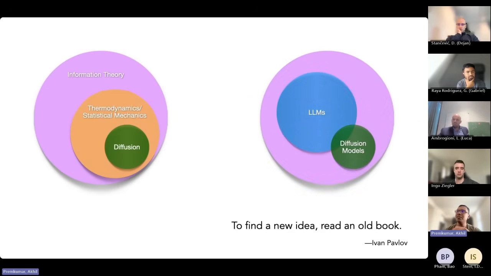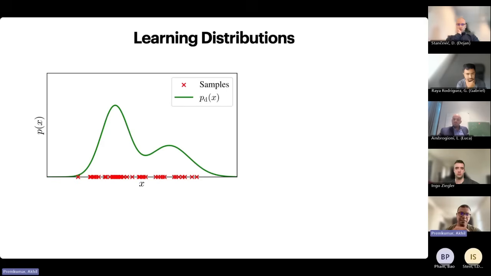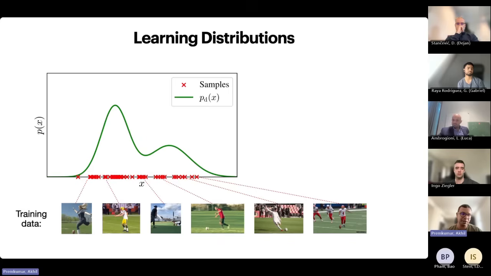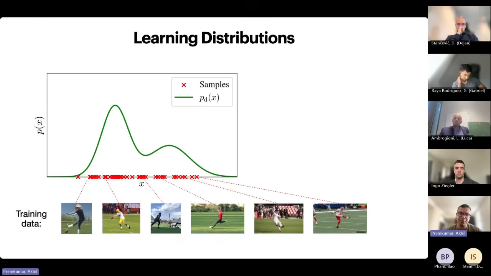Okay, so I'll jump directly into the generative modeling problem, which I'm sure all of you are familiar with, but I'll quickly review anyway. Suppose you have some data distribution which you don't know, but you have access to it through its samples. So you have some training data, which, for diffusion models, could be images or videos.